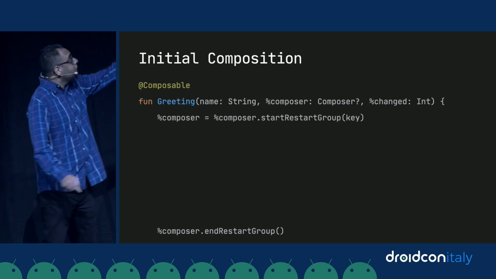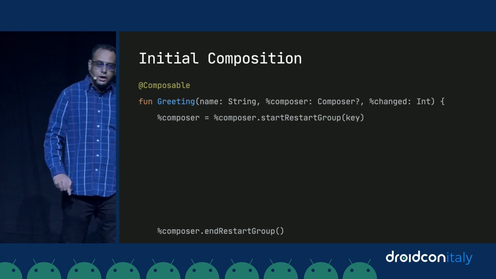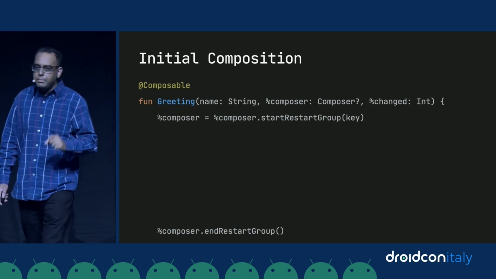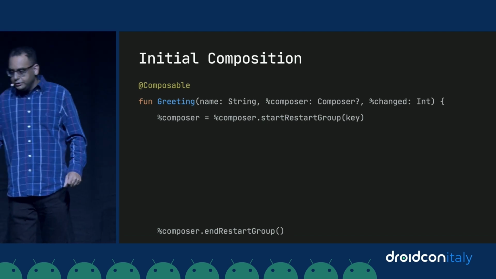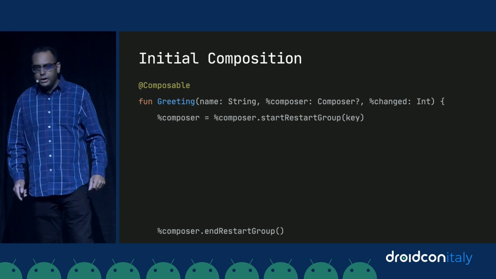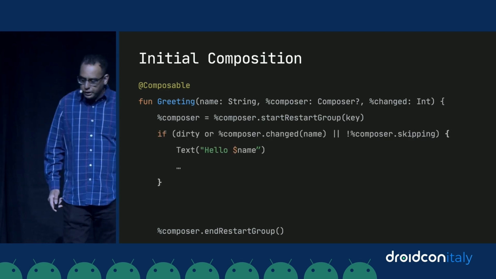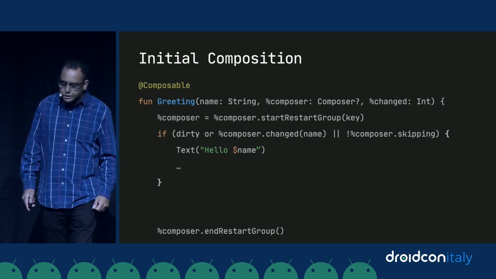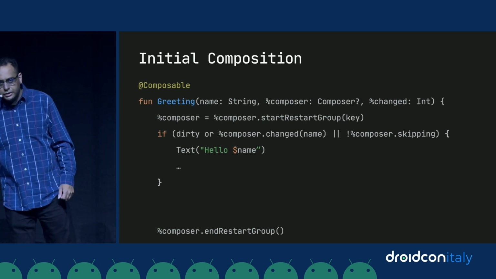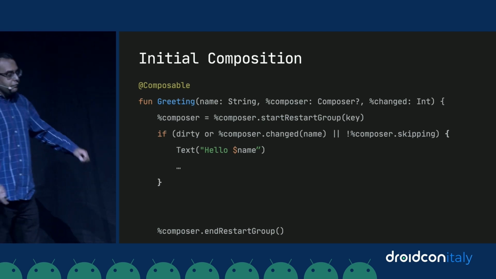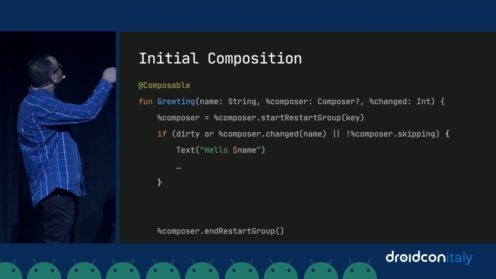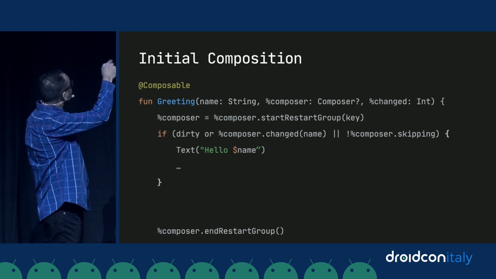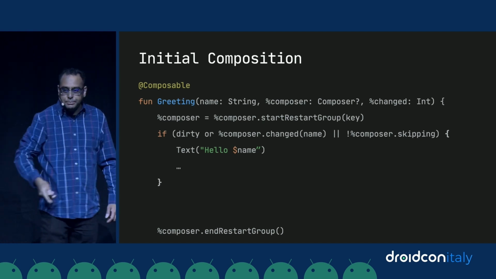The purpose of that change parameter is to tell one composable function and another what changed, what parameters changed. It also sets up something called a restart group. Underneath the hood, it also sets up some logic to be able to skip your composable function. All of the body of your composable function is right here, and it wraps all of this logic around the body to be able to skip things.